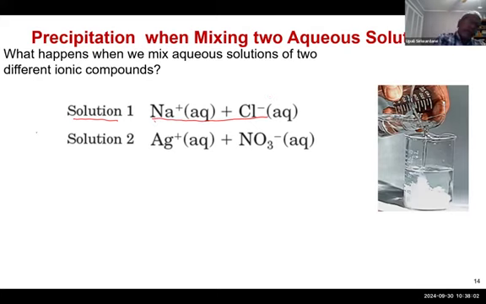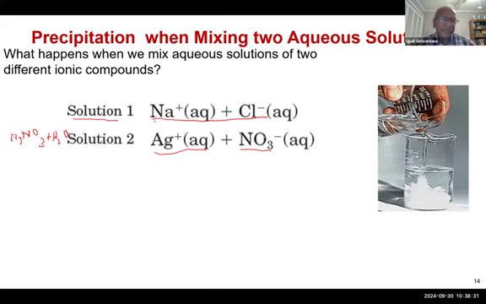You also get, when you dissolve silver nitrate in water, similar to sodium chloride, silver ions and nitrate ions.